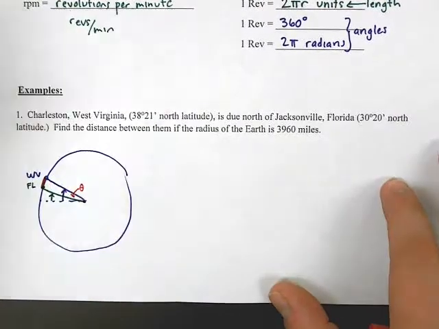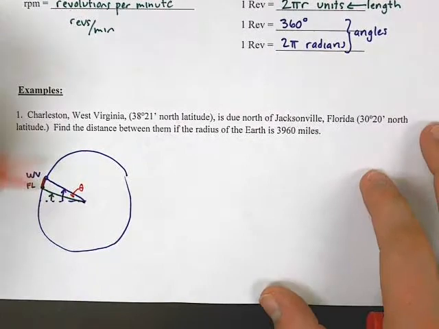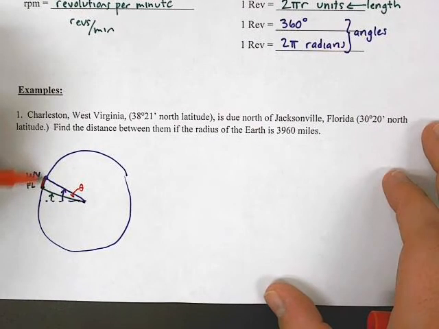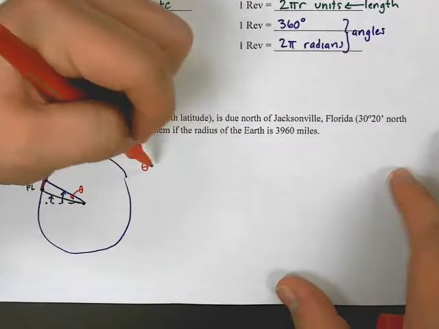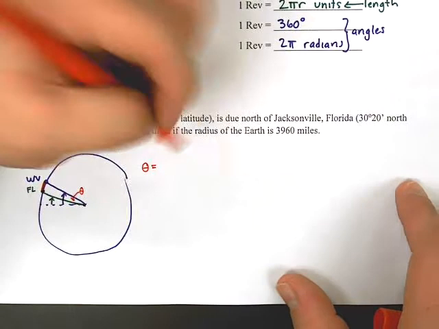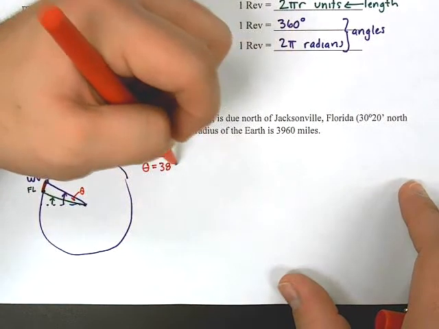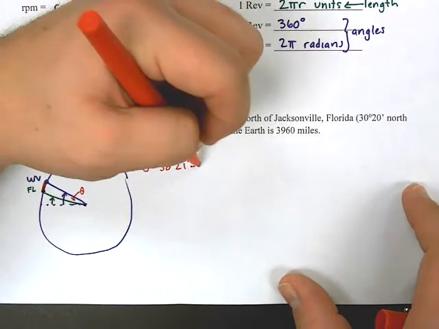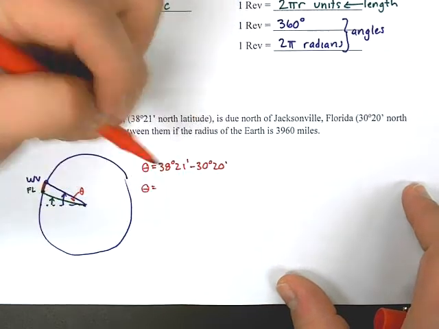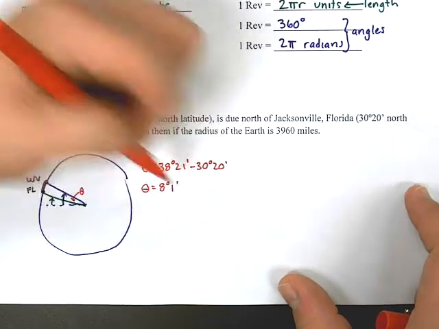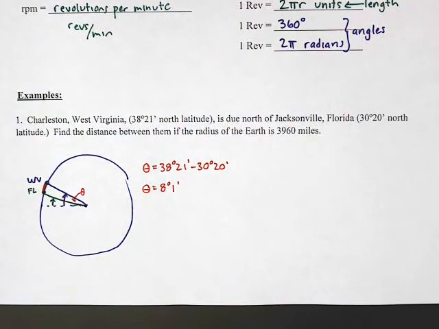That's the theta we need. Hopefully that makes sense. If we're looking for this arc length, then we need that angle. And to do that, I'm going to subtract the angles from one another. I'm going to say I have 38 degrees 21 minutes minus 30 degrees 20 minutes, and that should be 8 degrees 1 minute. Alright?